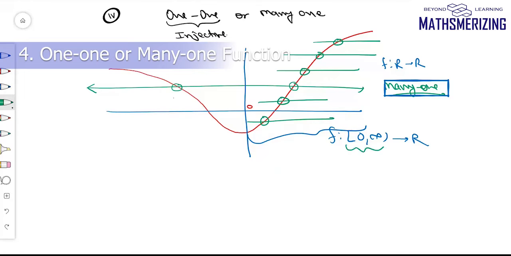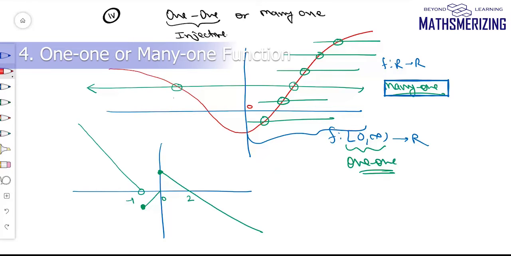So in the restricted domain of 0 to infinite, this function will be a one-one function. So when we are deciding whether the function is one-one or many-one, we must take care of its domain also.